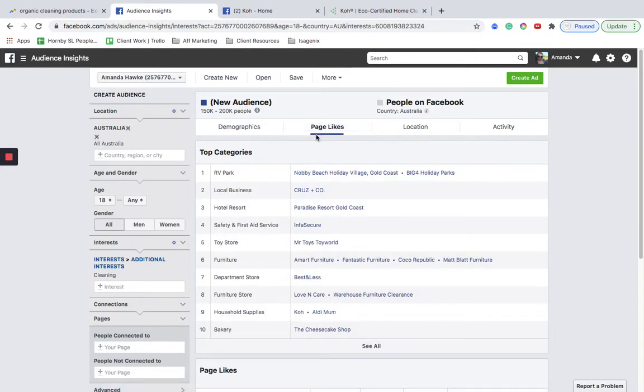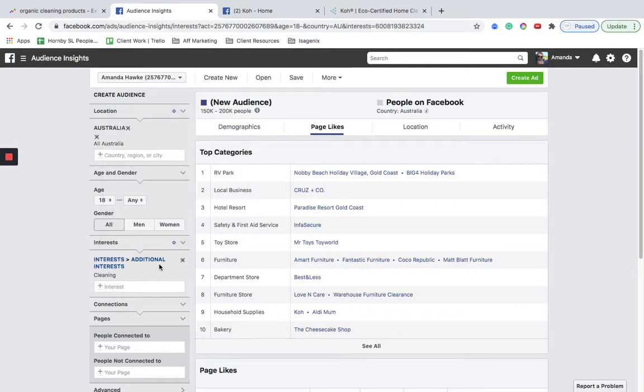When we have a look under page likes, you start getting some information about things that they're interested in. And would you look at this down here under household supplies, there is Co, which is an organic cleaning brand, and Aldi Mum. So it starts pointing us in the direction of competitors, which we can then analyze and find out what they're doing. And this is where the kind of magic starts to happen, because we start finding out who.